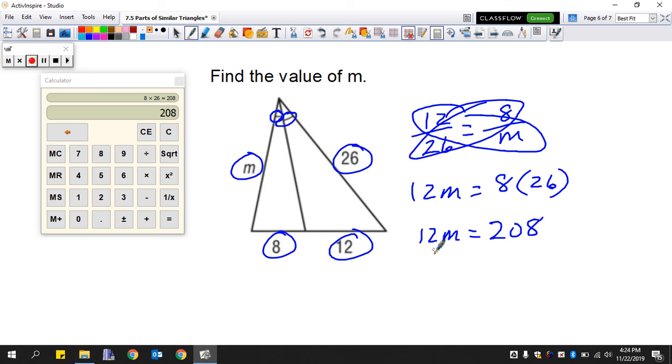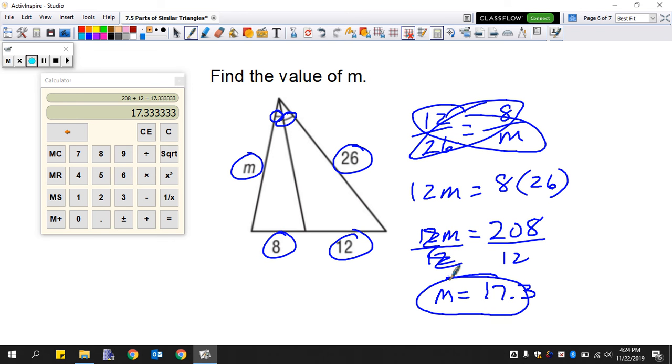I'm going to divide by 12. 208 divided by 12 is 17.333, and that continues to repeat itself. So we're going to round that off to the nearest tenth place, one decimal place. Look to the number to the right, which is a 3, which tells us to leave the 3 alone.